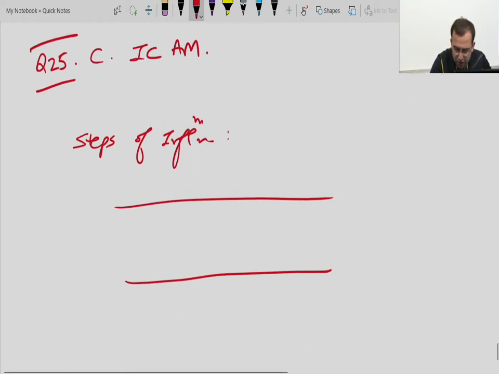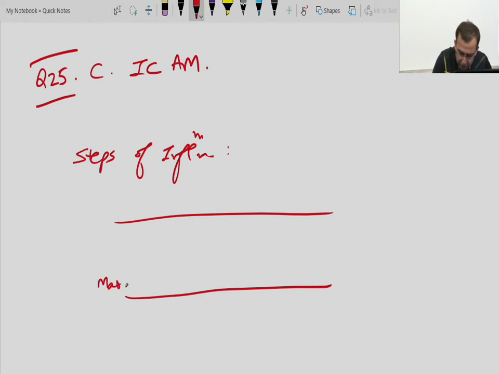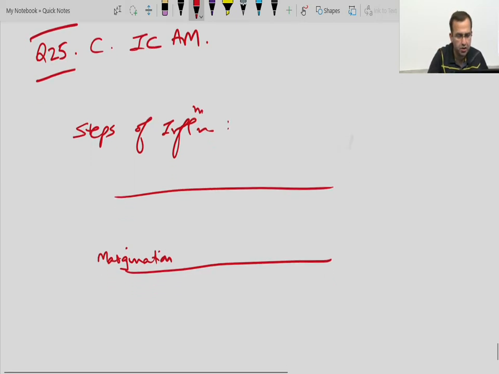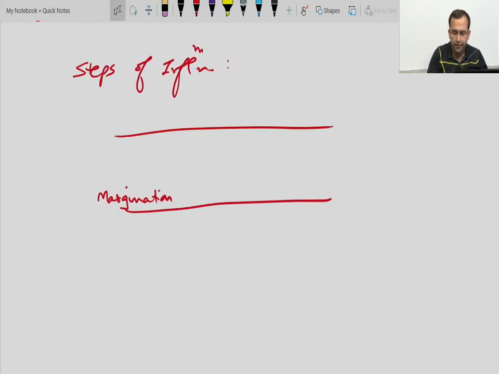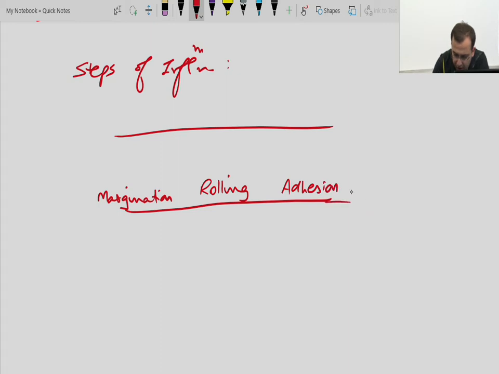Because of vasodilation, the flow becomes sluggish and leukocytes come to the margin of the vessel wall, that is margination. This is followed by rolling, that is attachment and detachment of leukocytes on the vessel wall, rolling leading to adhesion. After adhesion, the next step is diapedesis.